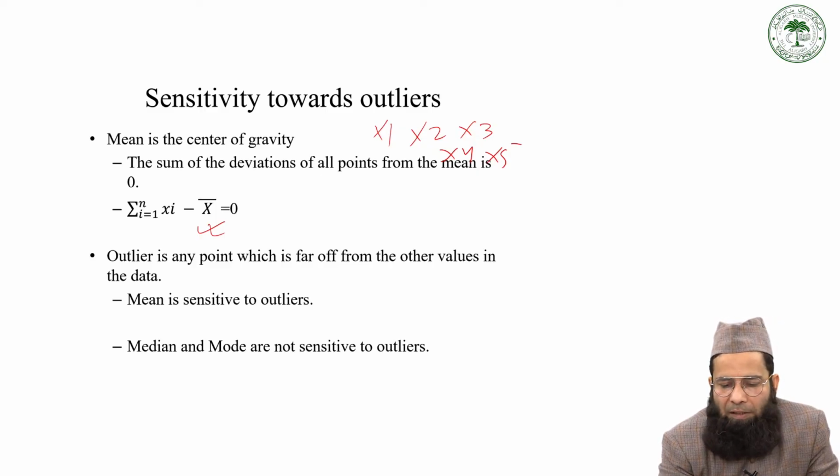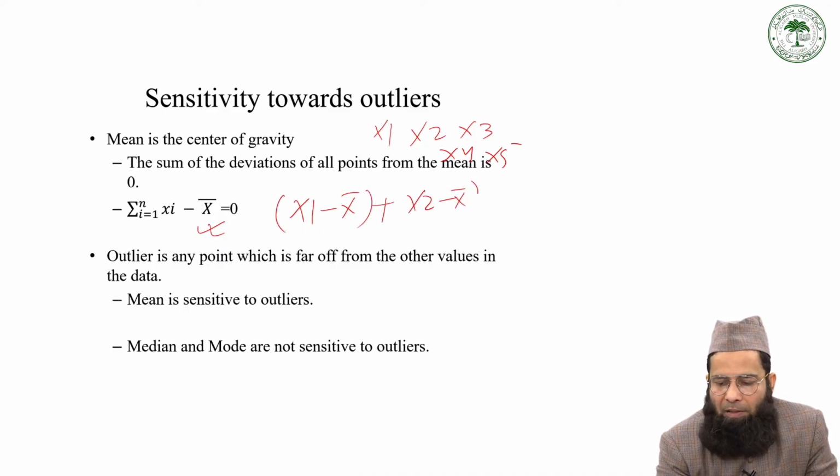So I would write here: x1 minus x bar, plus x2 minus x bar, plus x3 minus x bar, plus x4 minus x bar, plus x5 minus x bar, right?